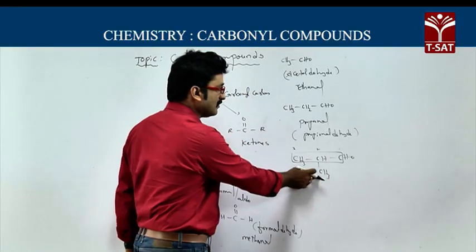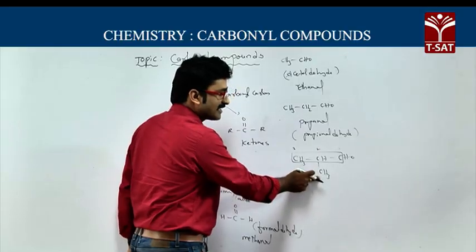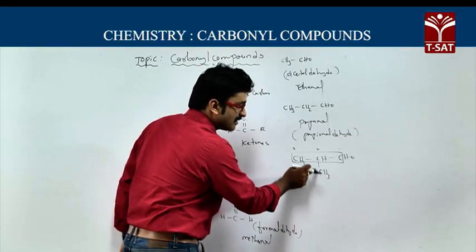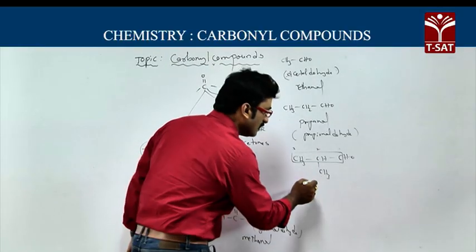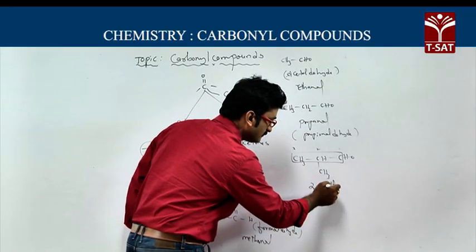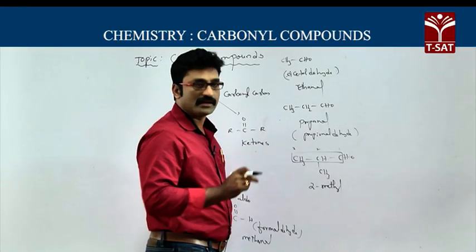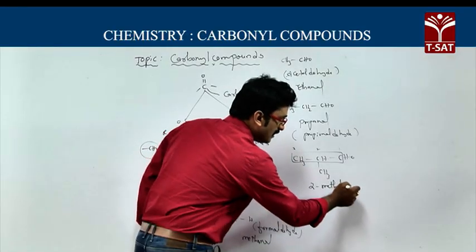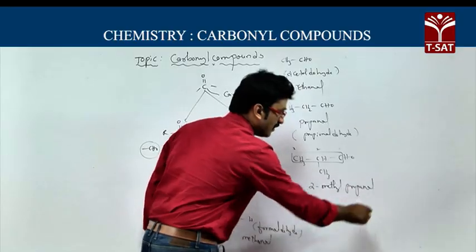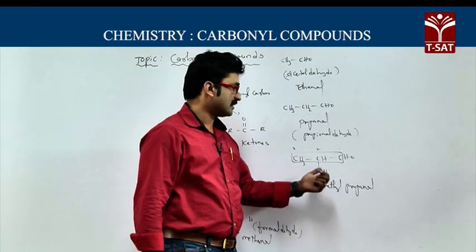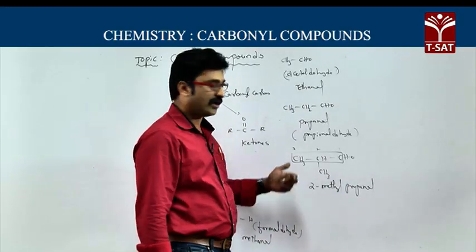The name of this side chain is methyl, and it is present on the second carbon. So 2-methyl. Here 3 carbons are there, so propanal. So 2-methylpropanal is the IUPAC name of this compound.